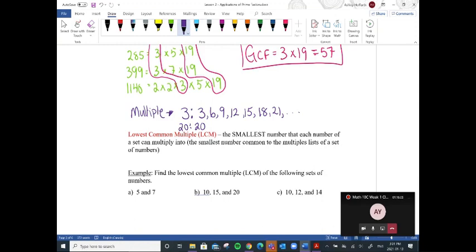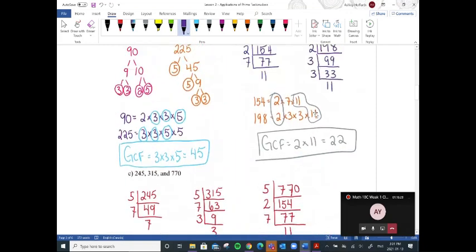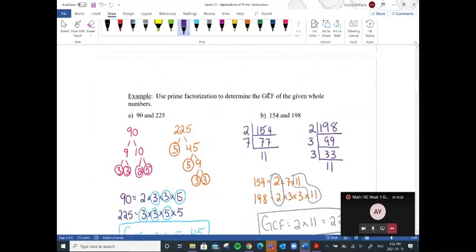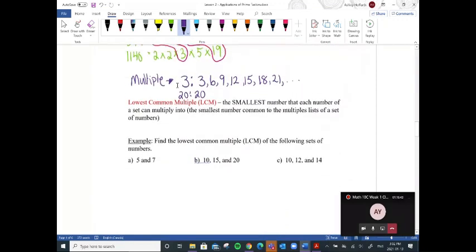So if I go back up to 18, these are all the factors of 18. There's 1, 2, 3, 4, 5, 6 factors. That's it. With multiples, because numbers don't end, I could go 3 times 8, 3 times 9, 3 times 10, 3 times a million, 3 times a billion, 3 times a trillion, right?